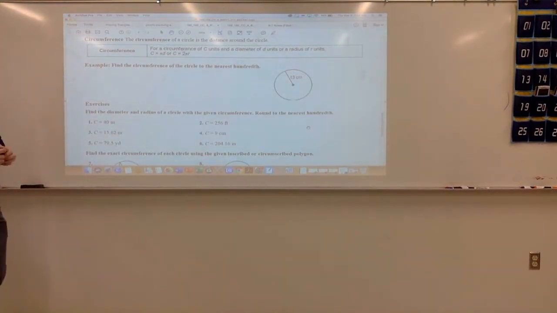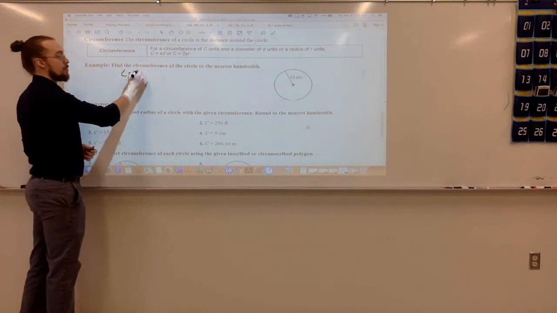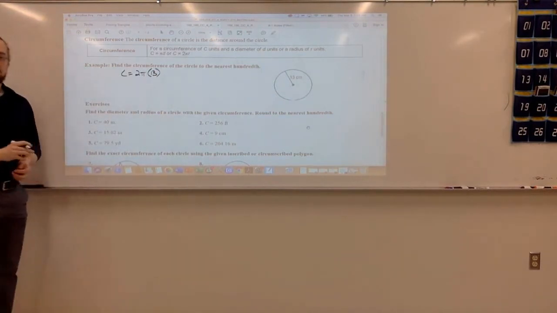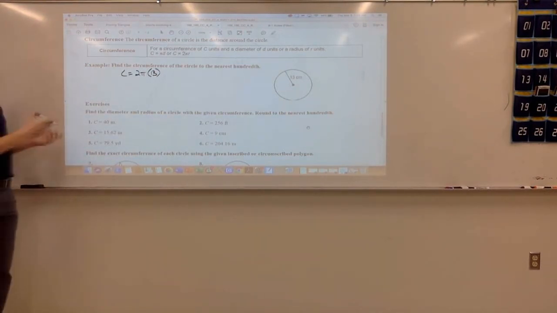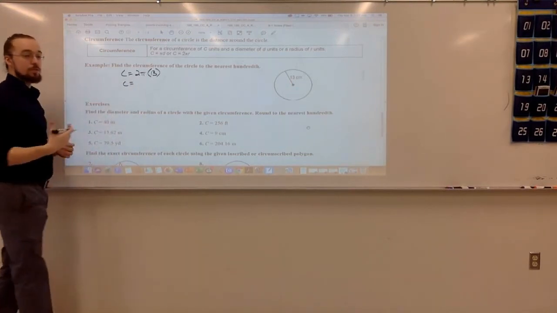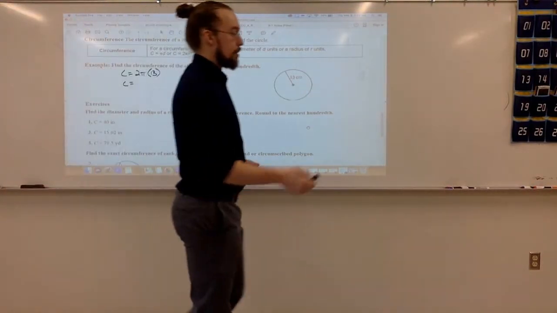So in this first example, we're given the radius. So we can say the circumference is equal to 2 pi times 13. It says round to the nearest hundredth. So we can just put this all into the calculator. We want to be as precise as possible, so we're going to use the actual pi button on the calculator. Does everybody know where that is?